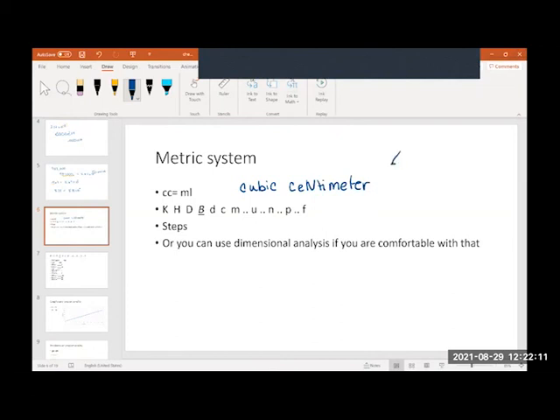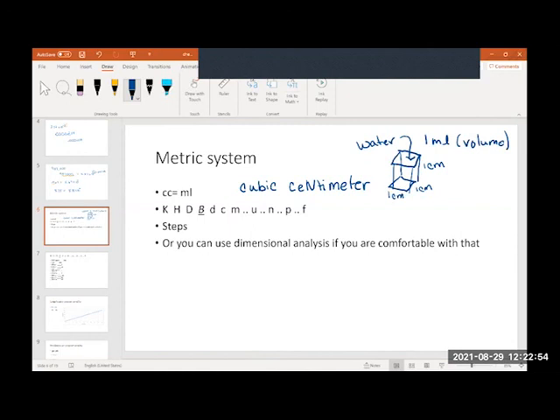And that means when we say a cubic centimeter, we have 1 centimeter in width, 1 centimeter in length, and 1 centimeter in height. That's what we mean by a cubic centimeter. And if we were to put water into that prism, 1 milliliter, which is a type of volume, would be able to fit in that prism.